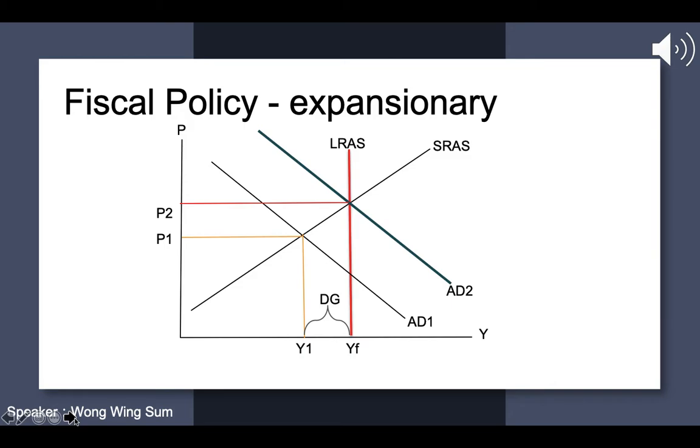Expansionary policy refers to the government increasing its purchases or decreasing net tax. As a result, you can see in the graph that the AD increases and the AD curve will shift to the right.